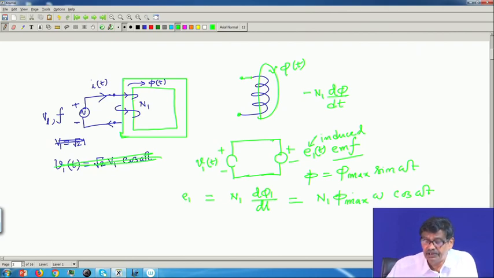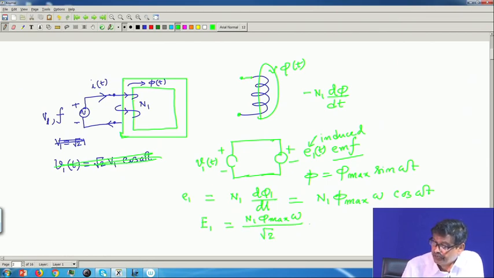This will be the value of the induced voltage. So, what will be the RMS value of that voltage? It will be the peak value of the voltage, phi max omega, by root 2.